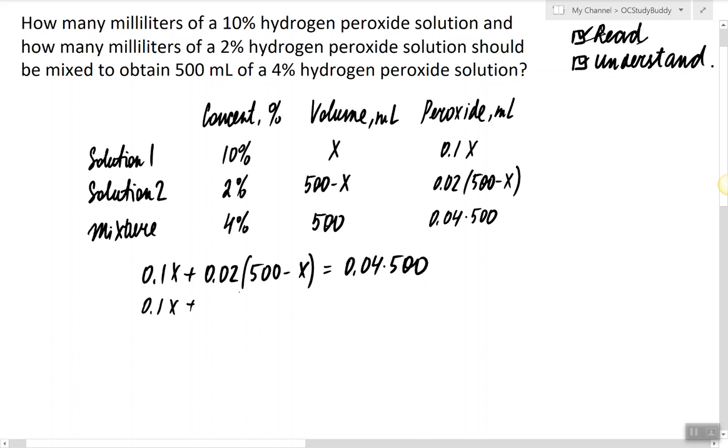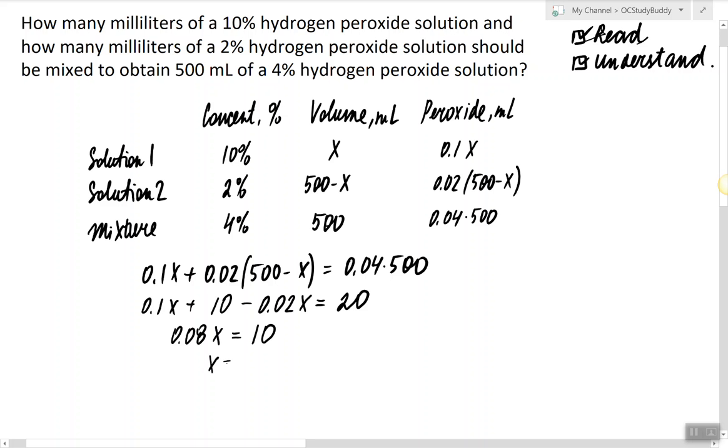So I'm going to distribute everything, and I'm going to combine x, and I'm going to subtract 10 from both sides.